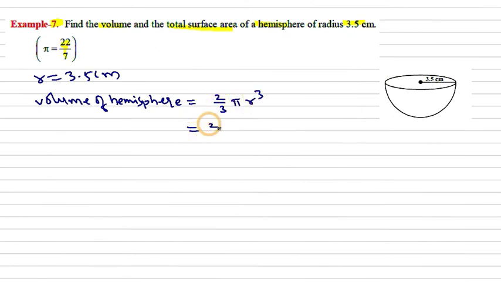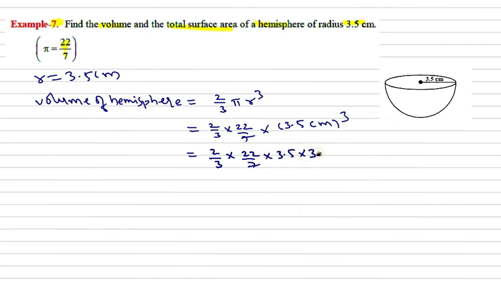Now substitute the radius, that is 2 by 3 into 22 by 7 into radius 3.5 centimeter whole cube. So which is equal to 2 by 3 into 22 by 7 into 3.5 into 3.5 into 3.5.